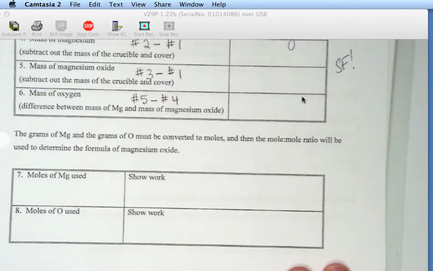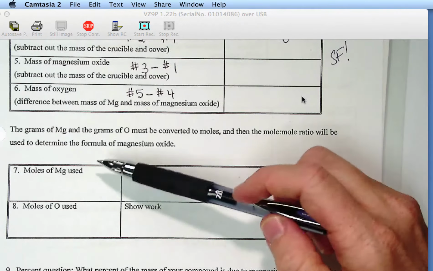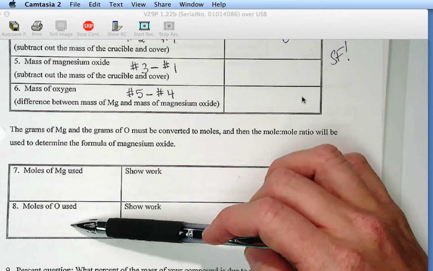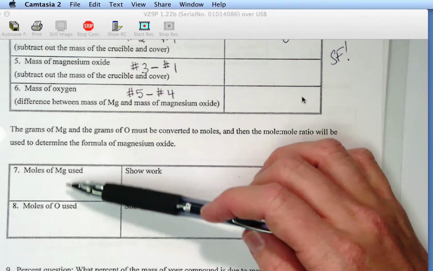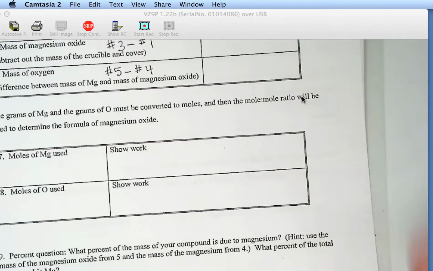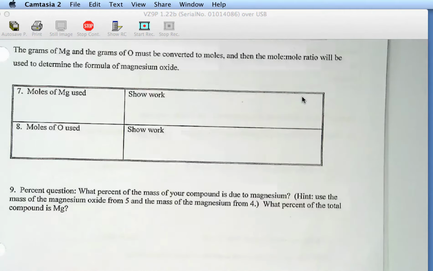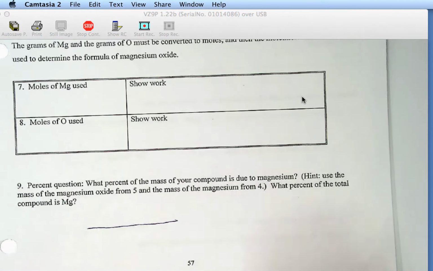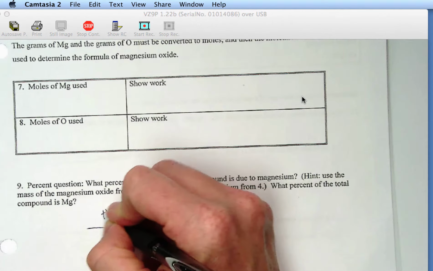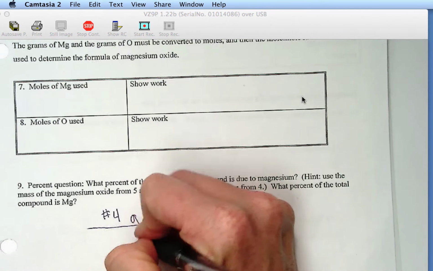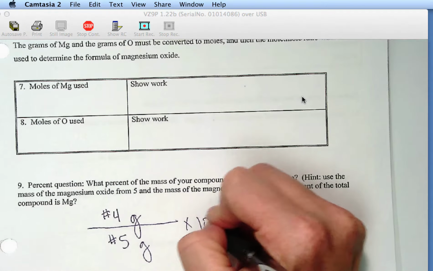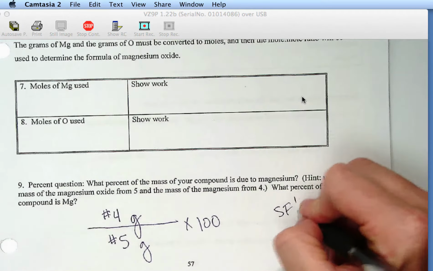Then you're going to convert, just like we did in the pre-lab, your grams to moles for magnesium and oxygen. For number 9, all you're going to do is get the number 4 mass, the number 5 mass, multiply it by 100, watch your sig figs.